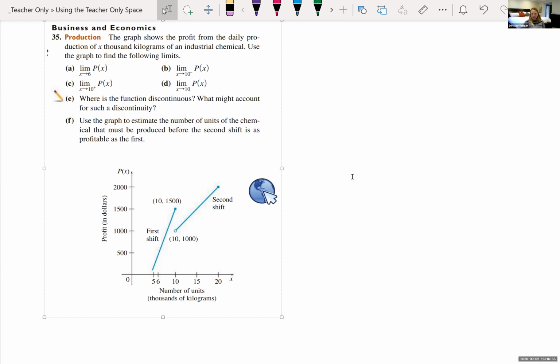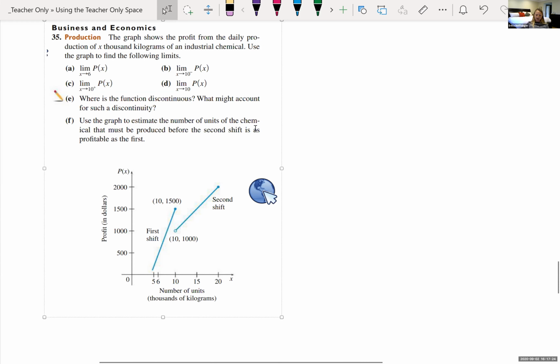So the graph shows the profit from the daily production of x thousand kilograms of an industrial chemical. Use the graph to find the following limits. So limit of P of x as x approaching 6. We're going to look at the limit as x approaches 10 from the left, the limit as x approaches 10 from the right, and the limit as x approaches 10.